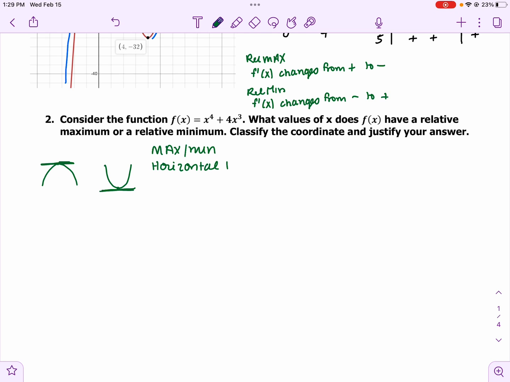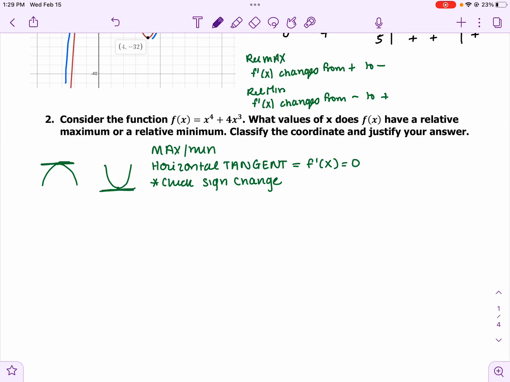Because recall from last unit, if we have a horizontal tangent, that means that the derivative has to equal 0. However, we do need to check that there is a sign change. We do need to make sure that the function goes from increasing to decreasing or decreasing to increasing.